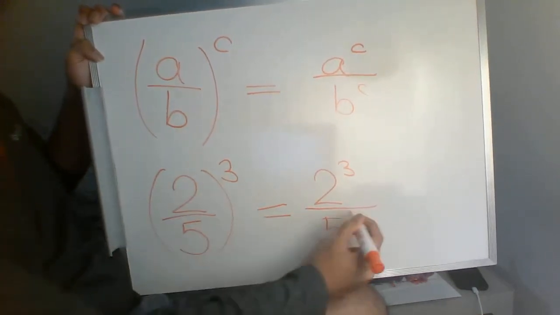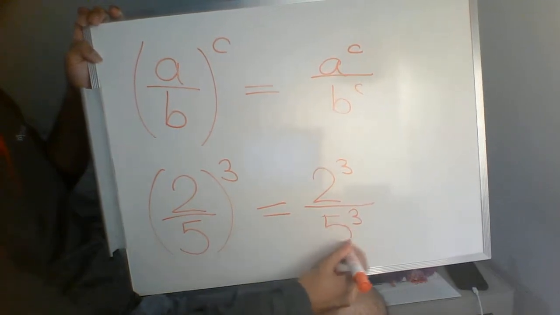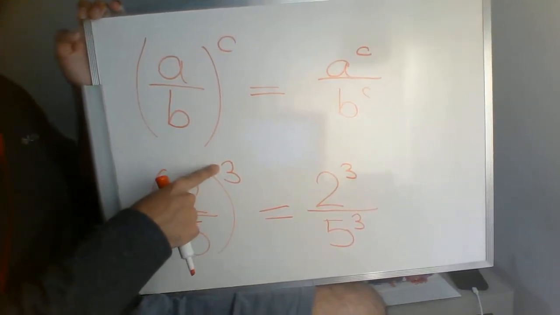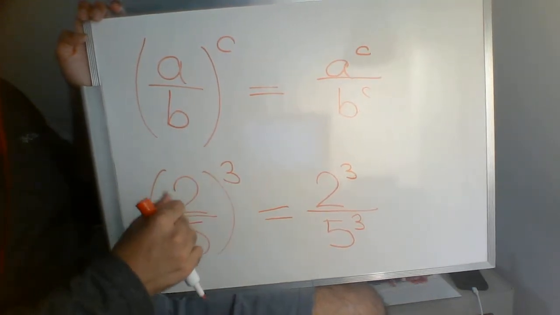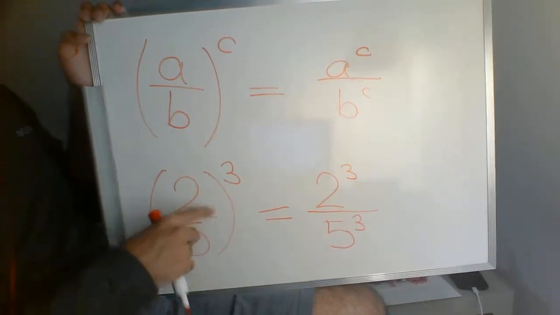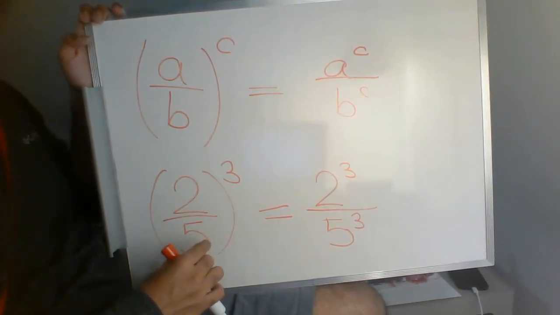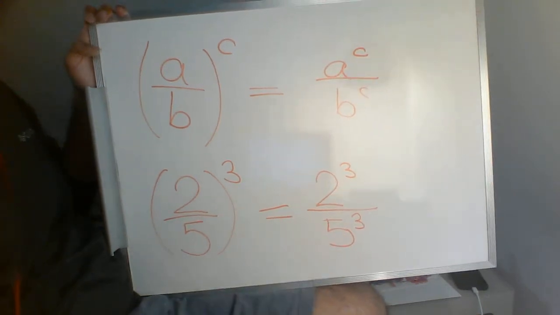And we take that exponent and just carry it over down there. So you take whatever exponent is outside, and you can apply it to the numerator. So you turn this 2 with the 3 on the outside into 2 cubed, and then you also apply it to the denominator. So this 5 down here with the 3 up there becomes 5 cubed over there.